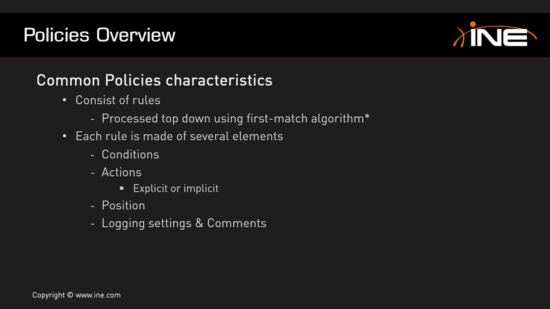This is pretty important because in most cases, logging in a rule is going to be disabled by default. And last but not least, policy specific attributes. This is going to depend on the actual policy type that we configure. So an SSL policy is going to have different options than, let's say, an identity policy.